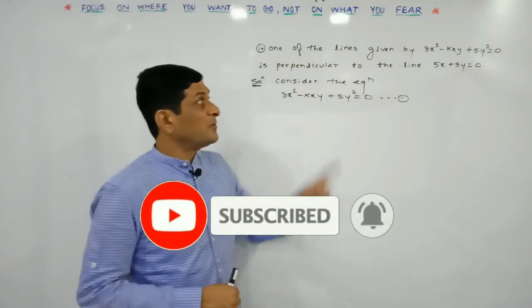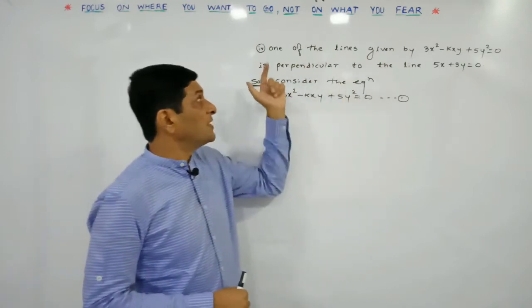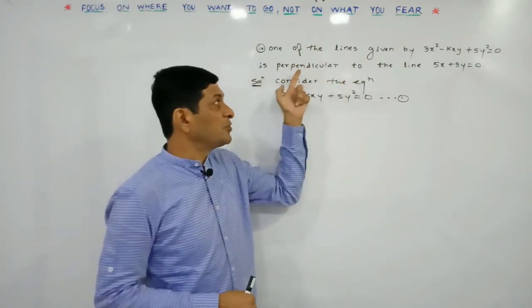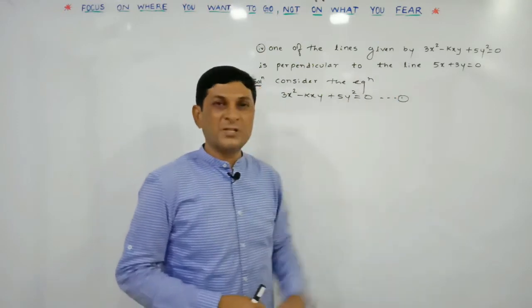Now see the example number 4th. In this example, one homogeneous equation is given to us, and one of the lines given by this homogeneous equation is perpendicular to this line.